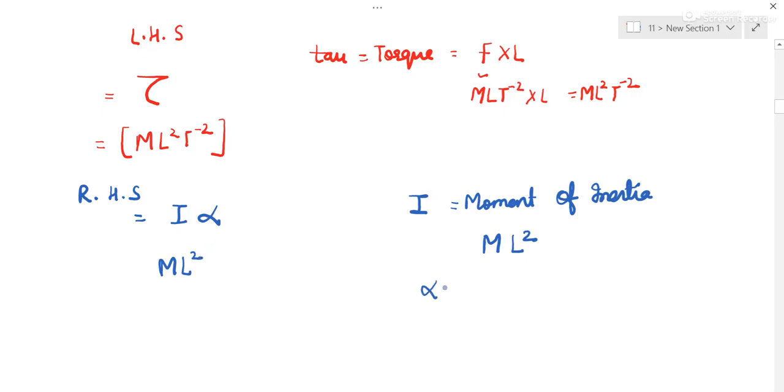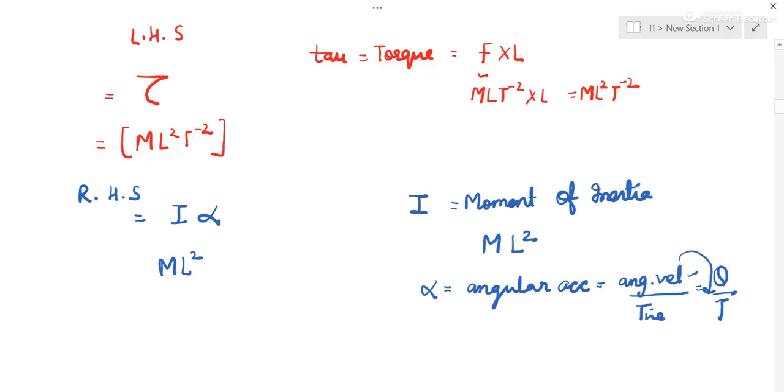Alpha is angular acceleration. Now you should know what is angular acceleration. I know it is angular velocity by time. So angular velocity is theta by time, and one time is already here.